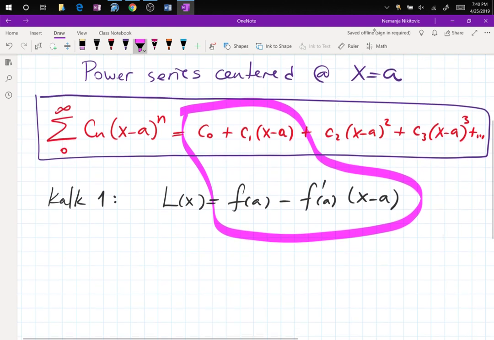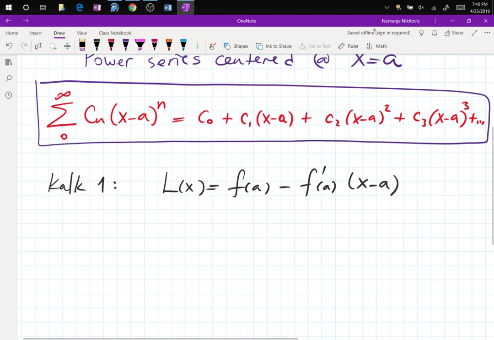Now, why were we doing these approximations? Because we didn't want to calculate the square root of 15.1. We wanted to calculate it with a linear function and make it easy. That's what we did.